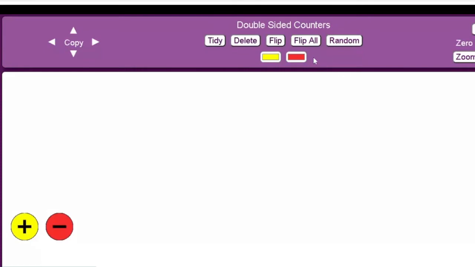Okay, so the great thing on this site is that you can see the positive and the negative there, just like it's a store. So again, if you move 2 positives and 2 negatives into the middle, we'll see what happens.